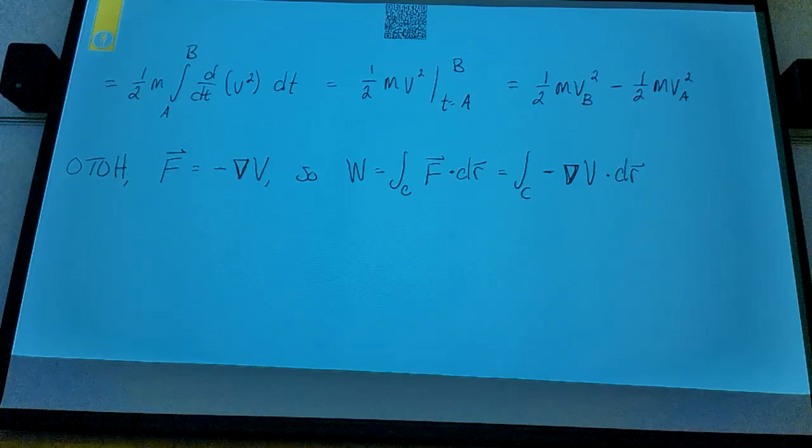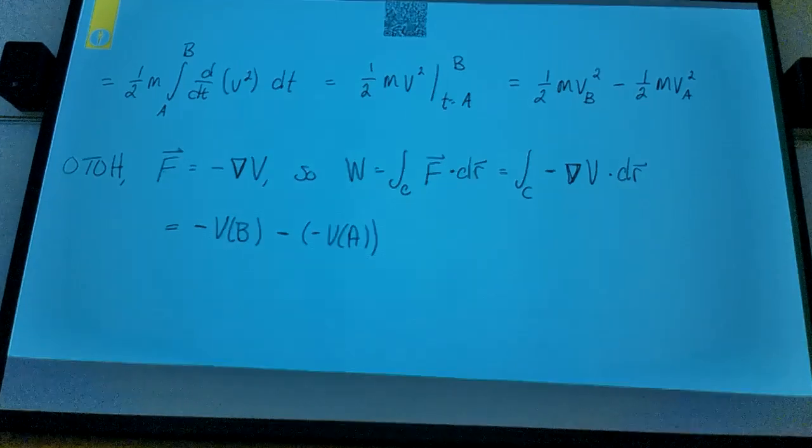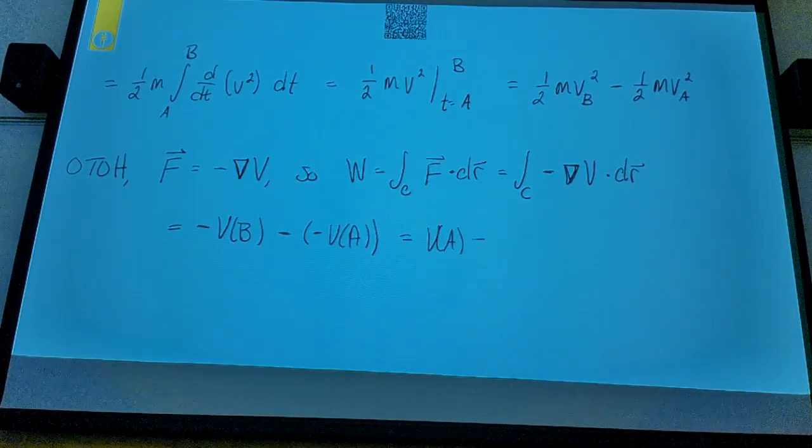The only thing that matters is the starting point and the end point. Work would then be V of A minus V of B. But both of those expressions we just found, right? Have to be the same.